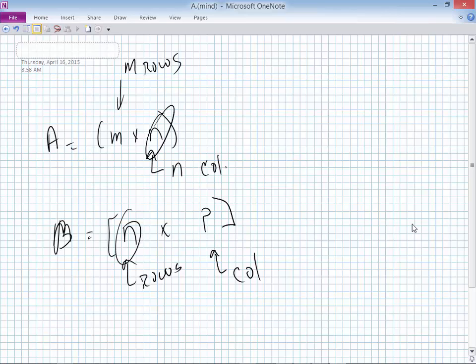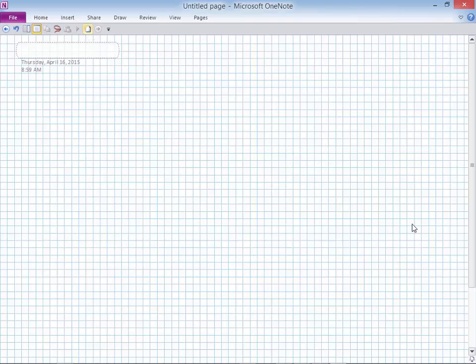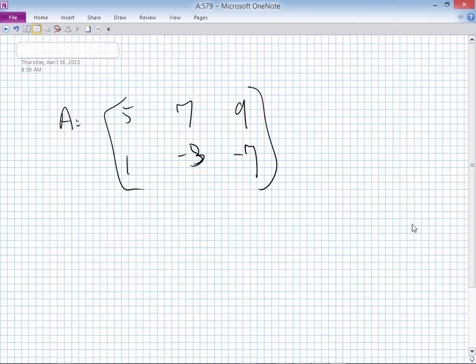Let's just grab a very simple example right here. I'm going to just copy this example. No sense making them up. I'll probably do it wrong here, but let's just simply say A is equal to 5, 7, 9, 1, minus 3, minus 7. So this is a 2 by 3.